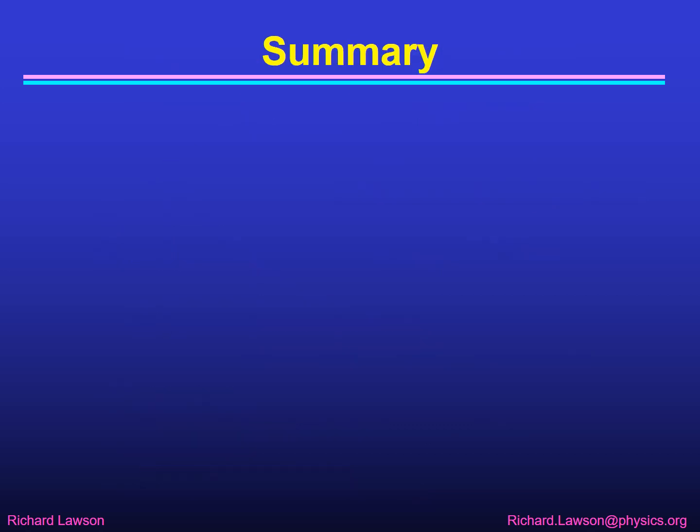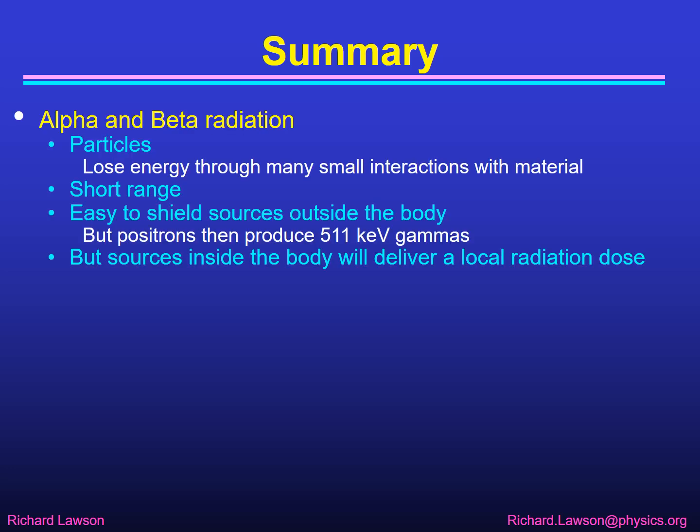So let me summarize what we've said in this part of the talk. Alpha and beta radiations are particles, so they will lose their energy through lots of small interactions with the material, causing ionization along the way. That means that they easily stop and have a short range.